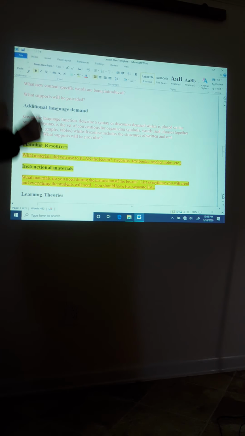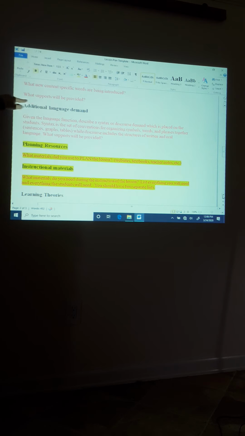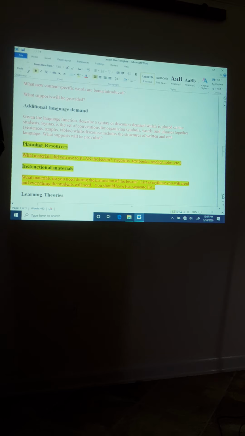Now you look at your assessment here. This is where you look at your assessment to tie this whole lesson plan together. What's your verb? How are they demonstrating that they've met the standard and satisfied your objective with your assessment?